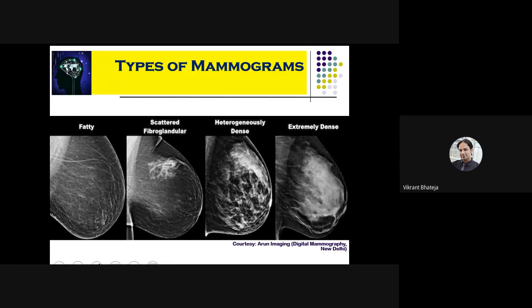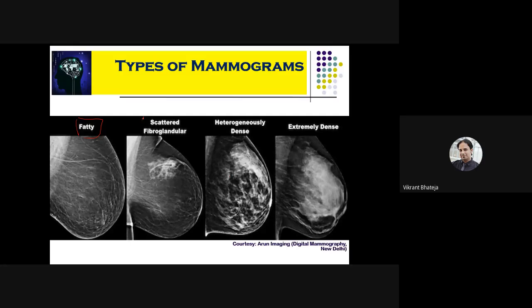Now coming to the next topic, the types of mammograms. You can have a view of these images. If you move from left to right, the first is a fatty mammogram. Once the mammogram is fatty, there is no tissue accumulation. It is a very clear kind of mammogram, so if there is a tumor in this region, it could be very easily detected.